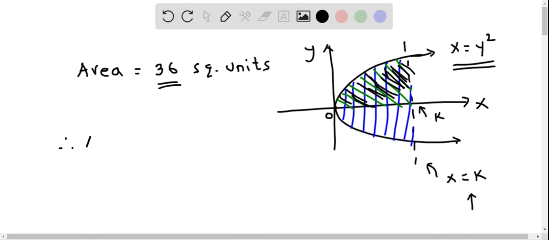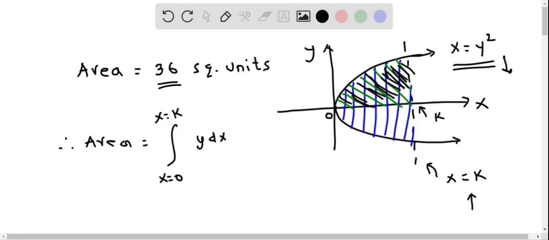So the area is the integral from x equals 0 to x equals k of y dx.